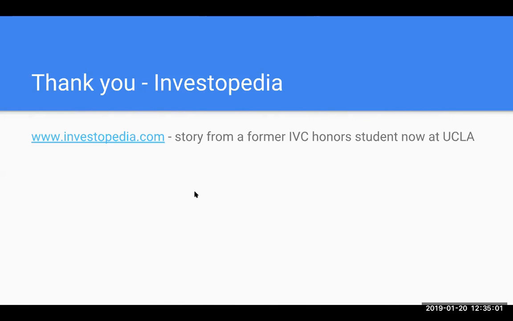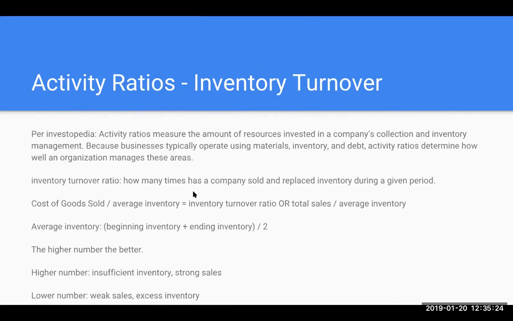One of my former IVC students, who was in my managerial accounting honors program a few years back and went to UCLA, was able to get an investment banking internship, and she attributed it to her spending a lot of time on Investopedia. So there must be something correct that's going on.